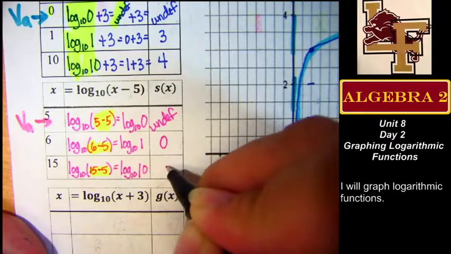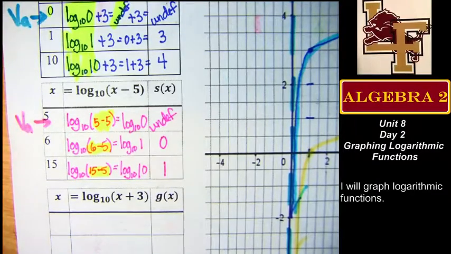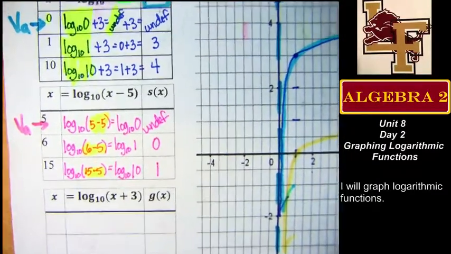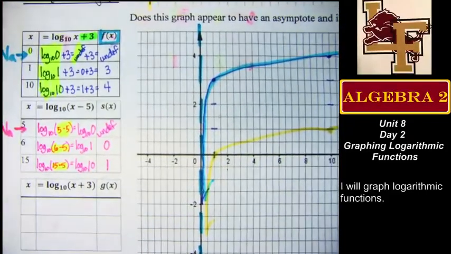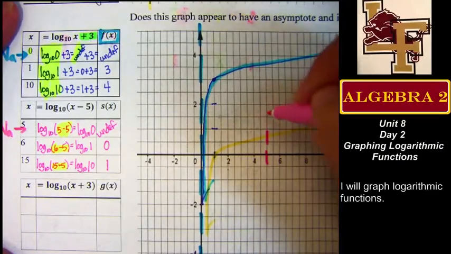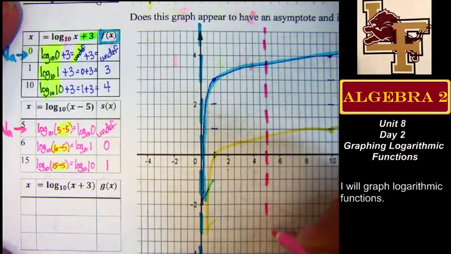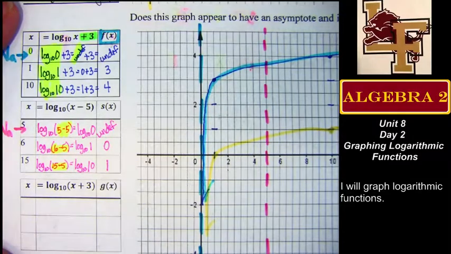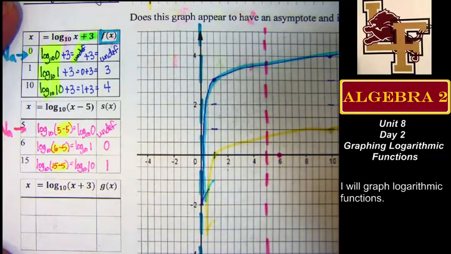Log base 10 of 10 is 1, because I have a match. I have enough to graph this. I have a vertical asymptote at x equals 5. When x is 6, y is 0. When x is 15, y is 1.